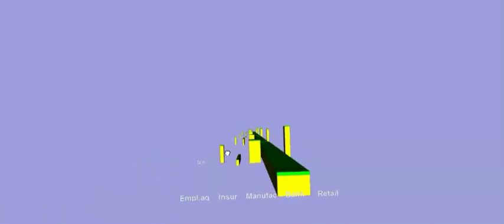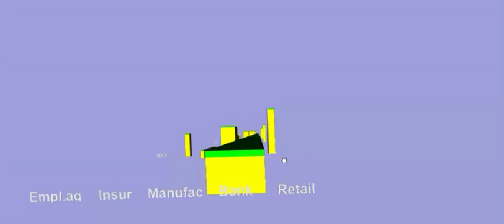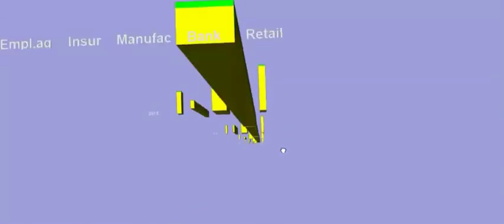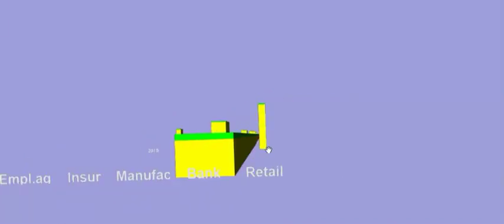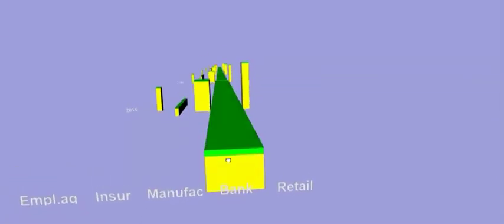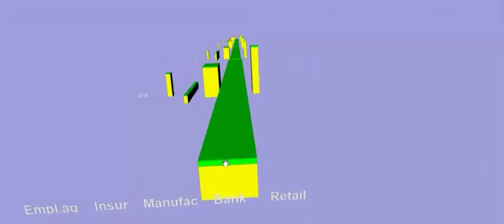It's not a real bank, but it's for demonstration purposes, combined with manufacturing, insurance, an employment agency and a retail company. And if we have a look at the bank, it's so deep. It's a narrow building, very deep, that it puts the other parts of the graph, well, I would like to say in danger, but it makes them hard to observe.